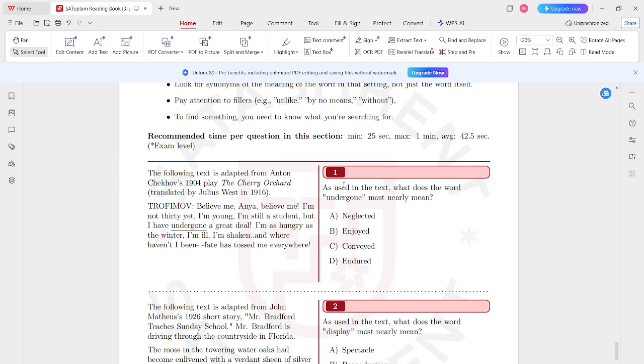The second type of words in context questions usually asks you, as used in the text, what does the word undergone or some other word most nearly mean? So you will be given a text, and there will be one word that is underlined, and you will have four answer choices. You have to find a word that means the same thing as the underlined word.